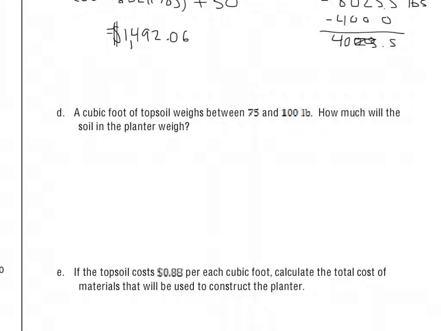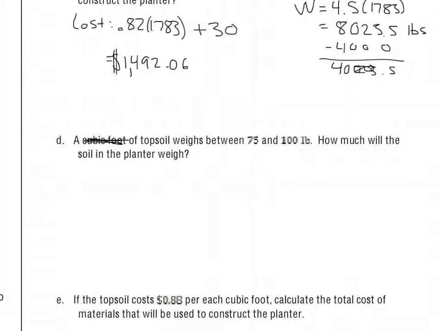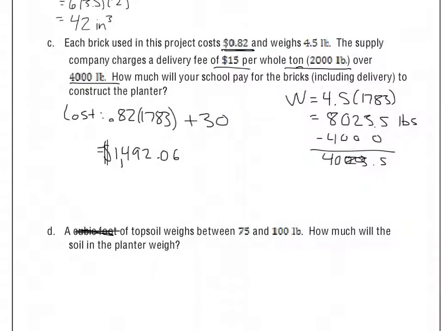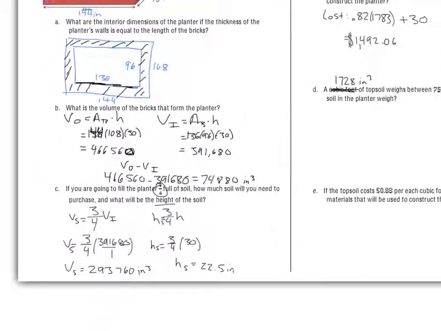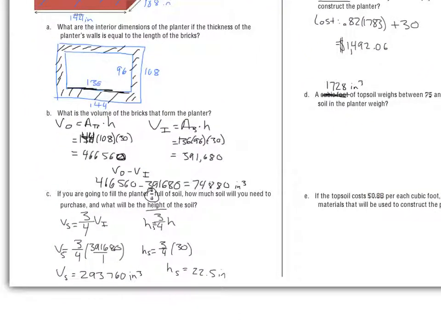Alright. Tells me a cubic foot of topsoil weighs between 75 and 100 pounds. How much will the soil in the planter weigh? So a cubic foot, on your paper this actually tells you how many cubic inches. So in yours it tells you 1,728 cubic inches. If topsoil weighs between 75 and 100 pounds, how much will the soil in the planter weigh? So we need to figure out how many sets of 1,728 cubic inches we have.